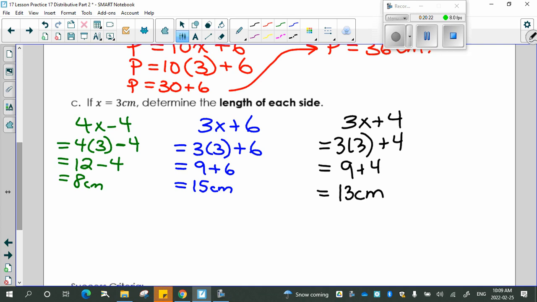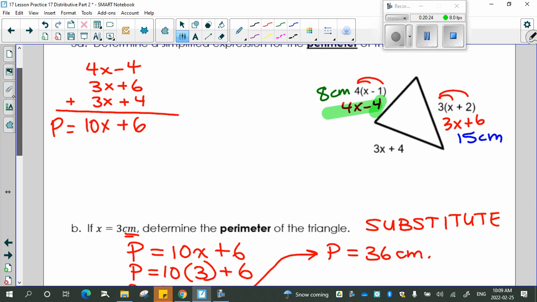Label that on my triangle, 13 centimeters. And then just make sure that they add up to 36. So 13 and 15 is 28, and 8 is 36 centimeters. So we know we must have our sides right because we got the total perimeter.